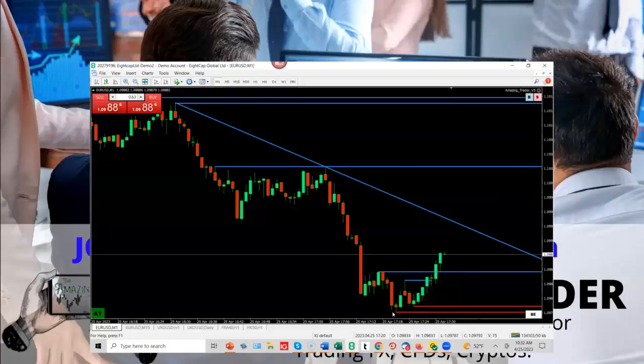In this case, it's proving to be at least it made a few pips anyway. Not enough to hit a target, by the way. Yet.